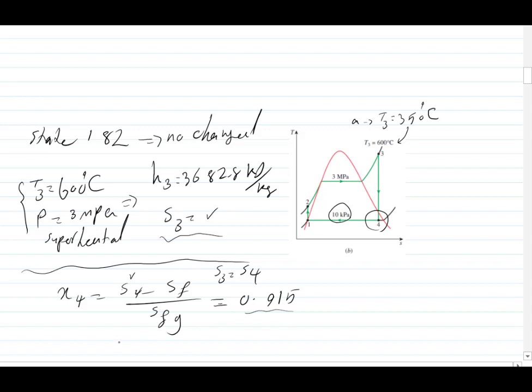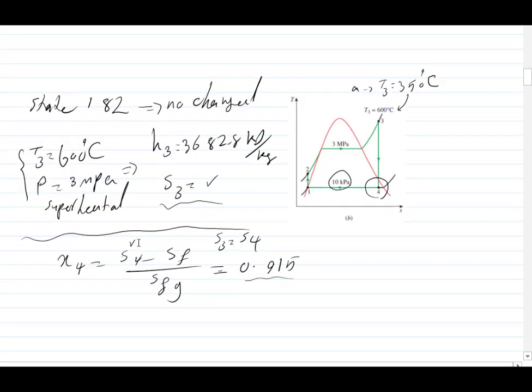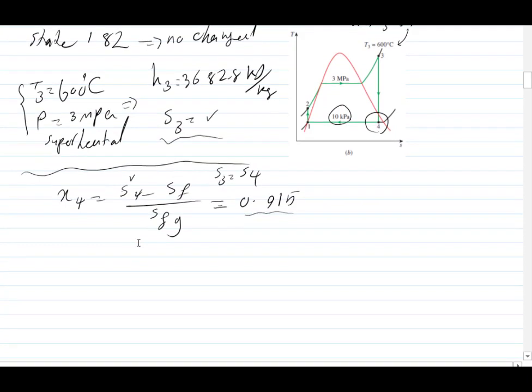So we have x4. By using this x, we can also calculate h4, by this equation: h4 equals hf plus x4 hfg.